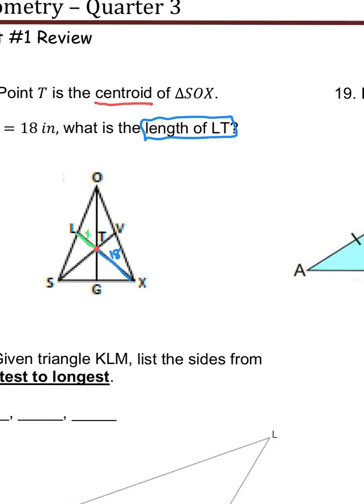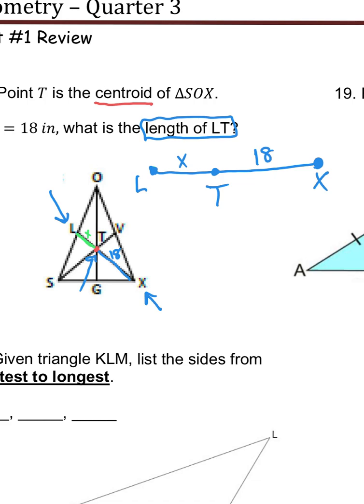So this is going back to knowing our centroids. Let's look at this. If I redraw this centroid segment going from outside the triangle, from here to here, it's going from L, because there's an L right here, to X, because there's an X over here. And T is somewhere about right here. Well, L to T we don't know, and T to X is 18, as given by the problem.